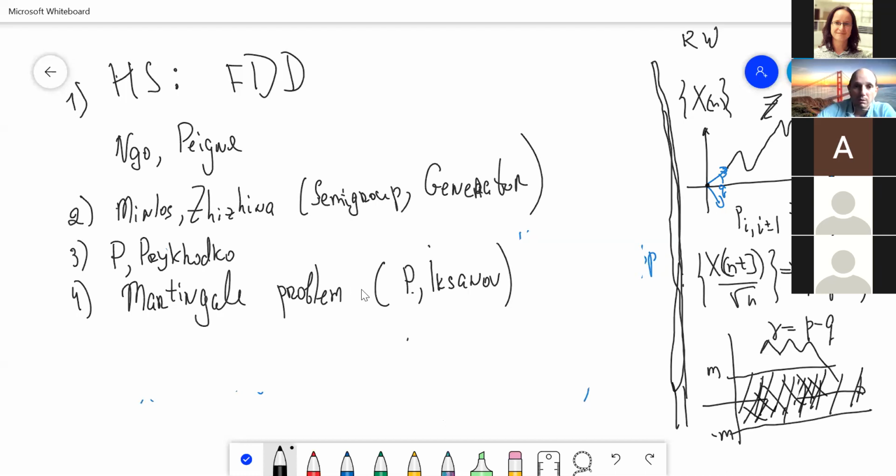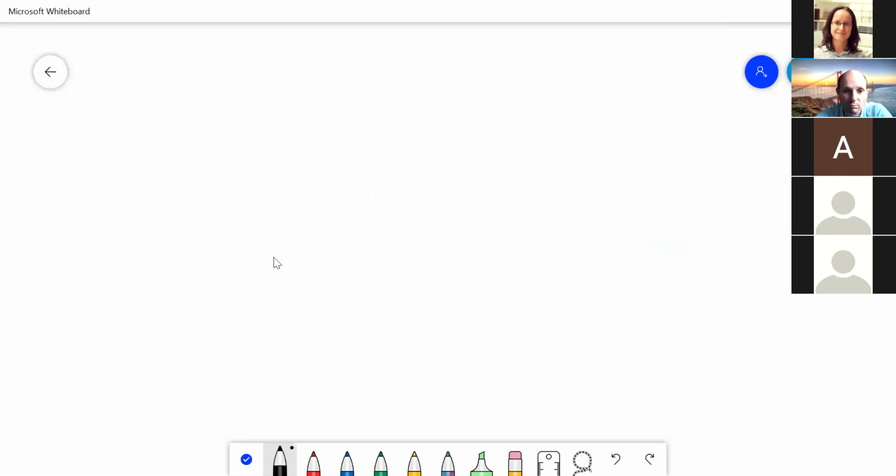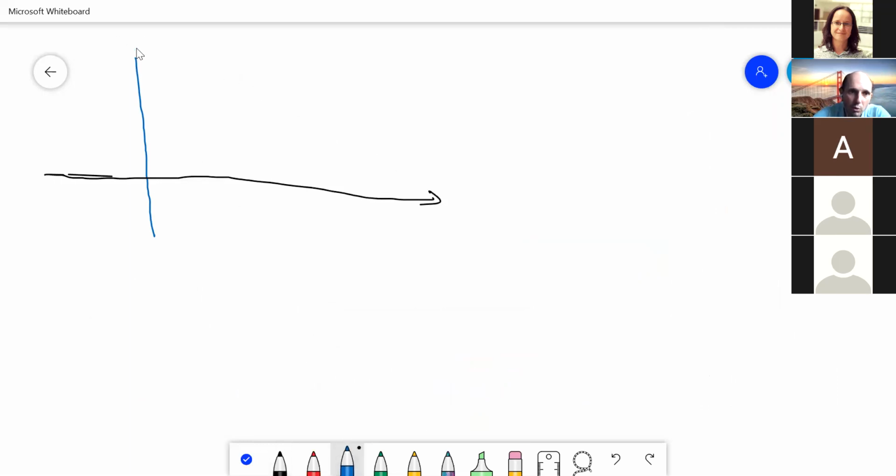Let me recall the multi-dimensional case; now I consider only the two-dimensional case.